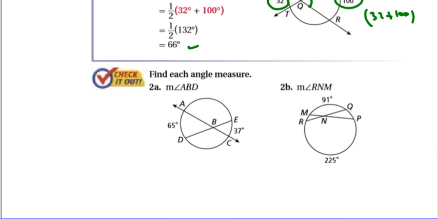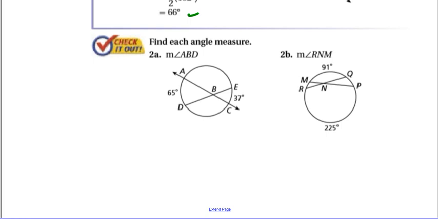Now check it out. Find each angle measure. Measure of angle ABD.